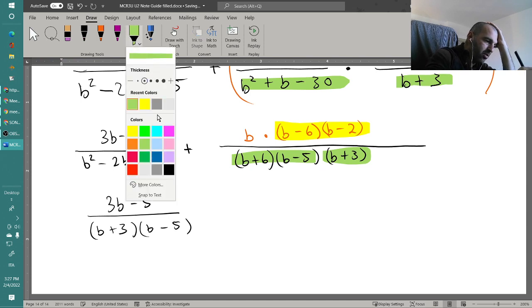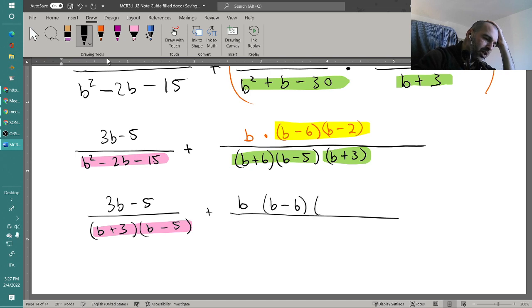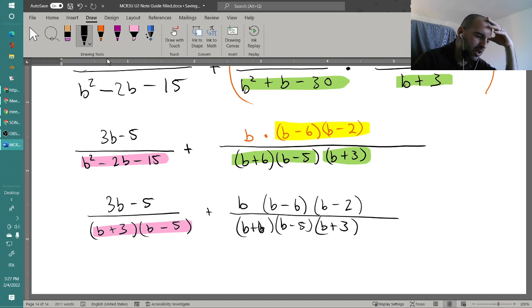So you might say, well, where's that coming from? That is this guy factored, all right, plus, and I'm just going to rewrite this. I probably should have factored earlier, but I've got an infinite amount of space on this piece of paper here, so no big deal. b minus 5 and b plus 3.